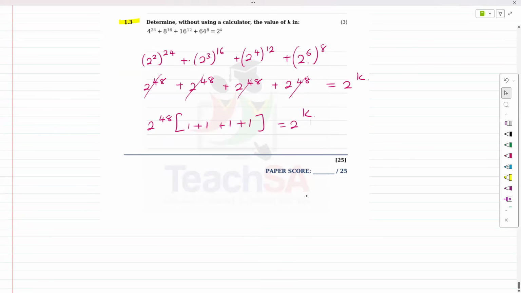So this one is 2 to the 48. My pen stopped working, but okay, cool. So this is 2 to the 48 multiplied by 4 equals 2 to the k. Now, 4 can become 2 squared multiplied by 2 to the 48, and that equals 2 to the k.